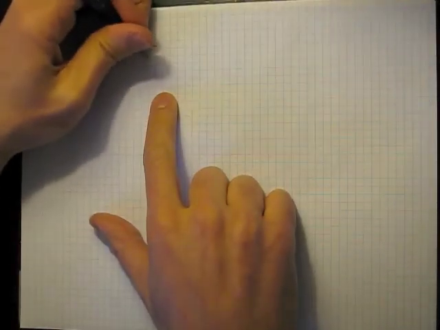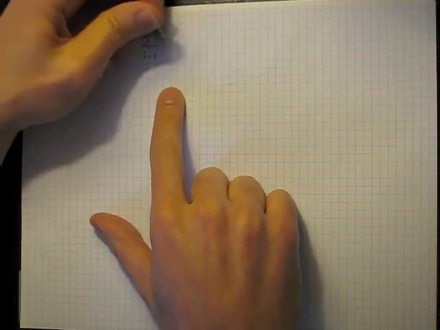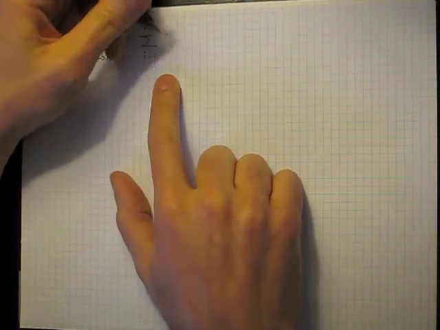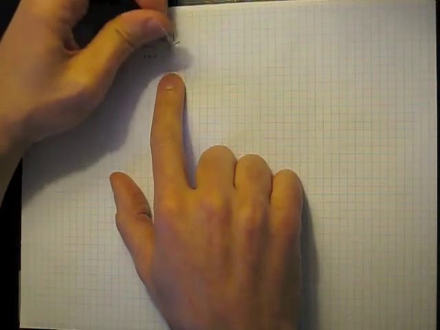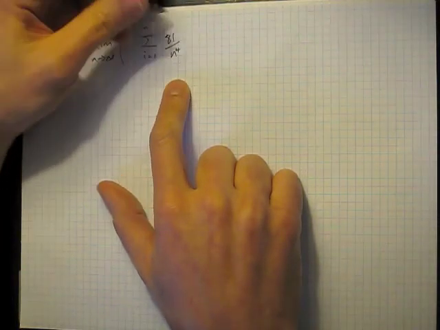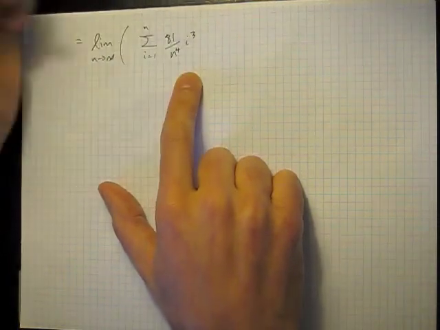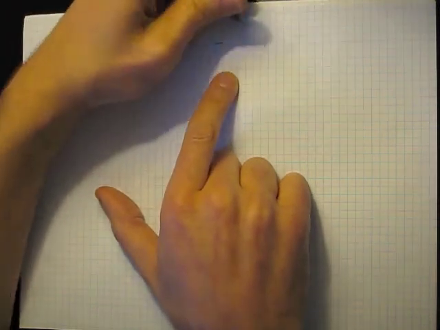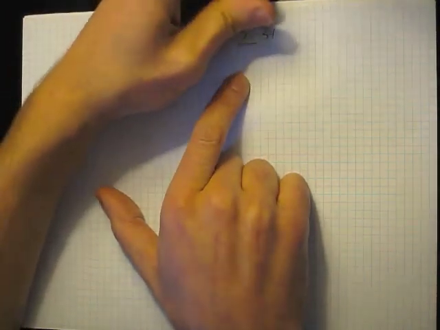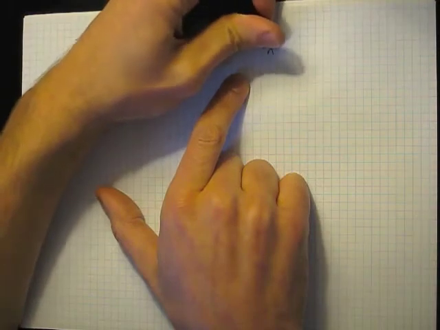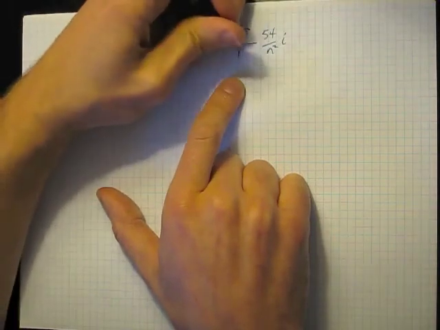So we get a sum i goes from 1 to n of 3 to the fourth. What is 3 to the fourth? I think it's 81. 81 over n to the fourth times i raised to the third power minus, and then this is 54 over n squared times i.